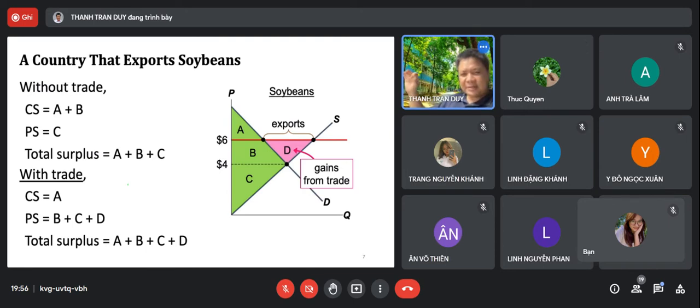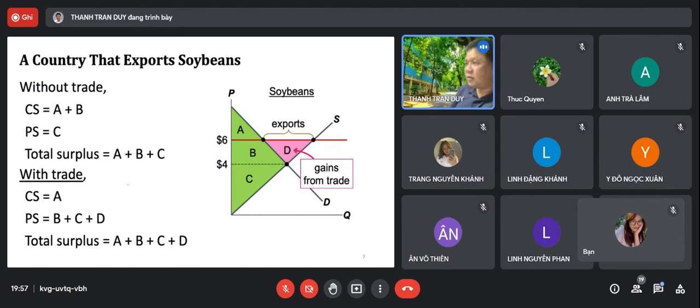Any product like this? Tuna. Tuna, right? We export that one, right? Cá ngừ, is it right? Yes. It's right. Because we catch a lot of tuna, but we export too much, and therefore local consumers have to pay a very high price for such a product.